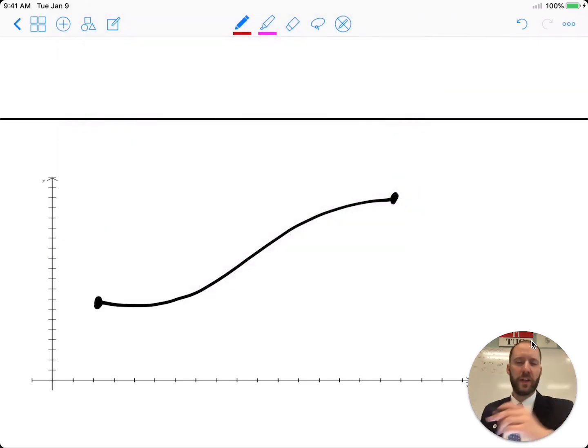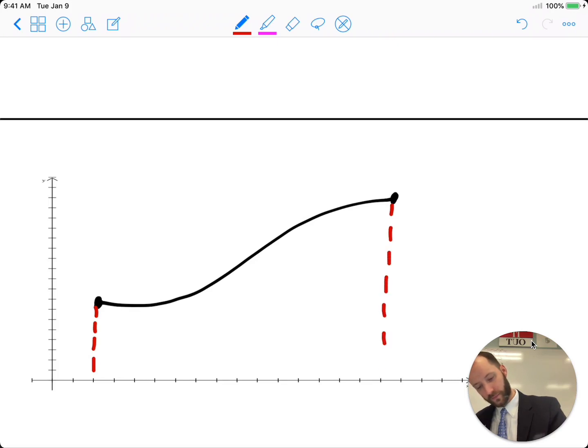Now the mean value theorem says from a to b, there is some value on the curve, let's say right here.